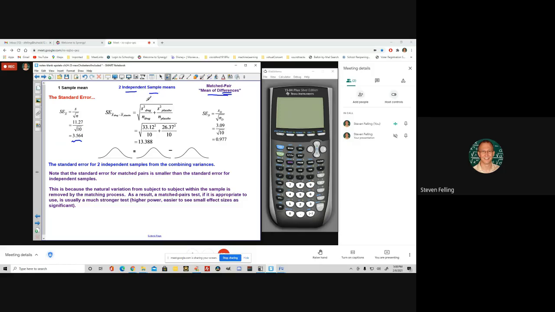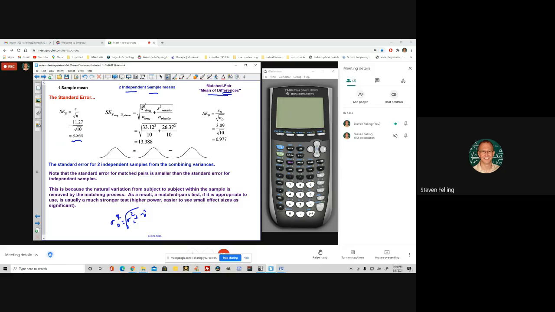And this formula is a lot like the formula in the two proportions case. It's based on the square root of the sum of the squares of 1 and 2. So you end up taking the square root of s squared over n for each of the samples independently.